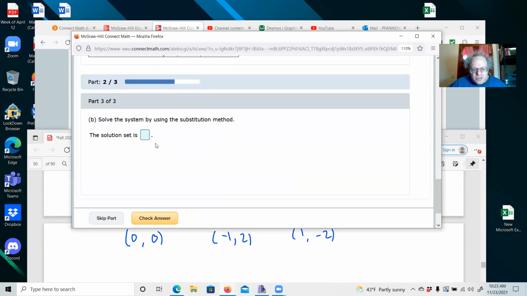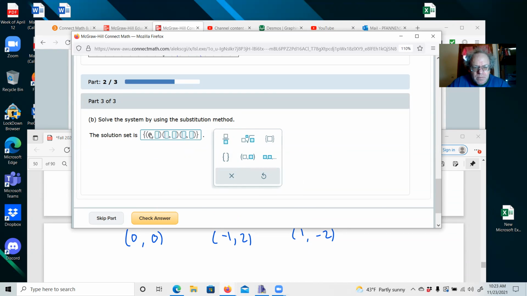The solution set is, we're going to need 3 points. So we have 0, 0, 1, negative 2, negative 1, positive 2. Answer.